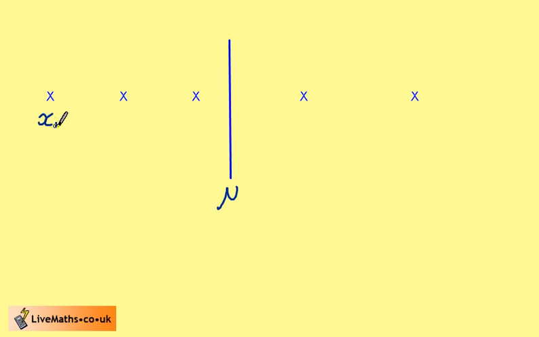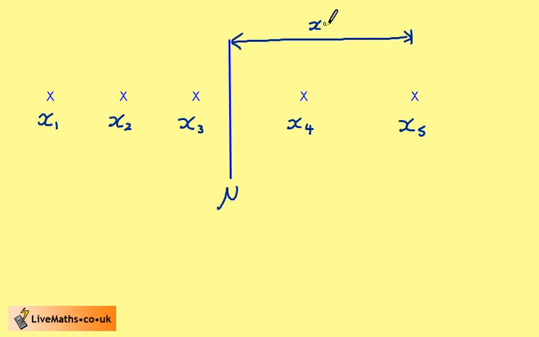If we call the data from left to right x1, x2, x3, x4 and x5, we're going to be interested in the distance between each piece of data and the mean. This distance would be x5 minus mu. This distance would be x4 minus mu.